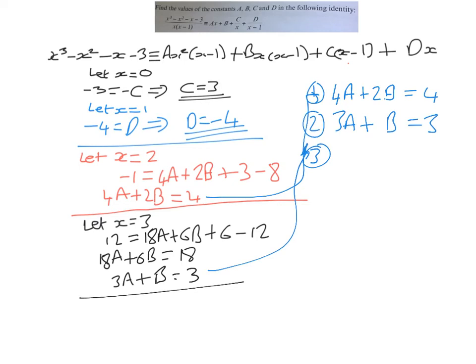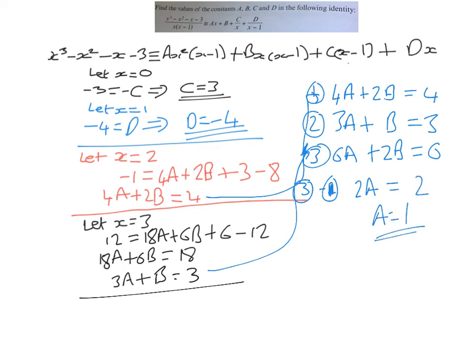So if I double number 2, I get number 3, which is 6A plus 2B equals 6. Sure, we can all solve these simultaneous equations, but let's go through it. 3 minus 1, 6A minus 4A is 2A. The B cancels out. 6 minus 4 is 2. So I've got A equals 1.